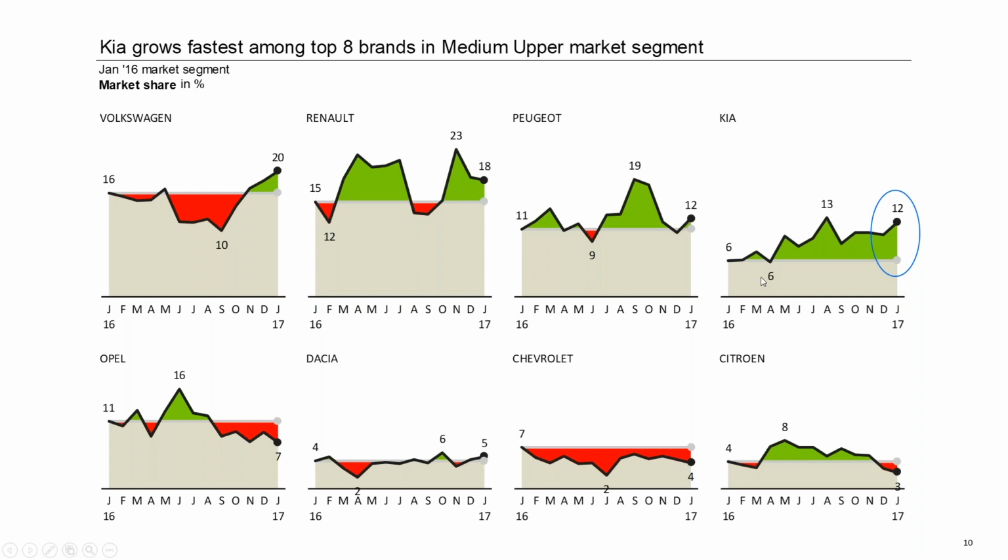We see that this particular brand here has really good growth from 6% to 12%, constant growth, whereas some other ones are going down. And again, it is a complete picture of the top brands on a market on one page.